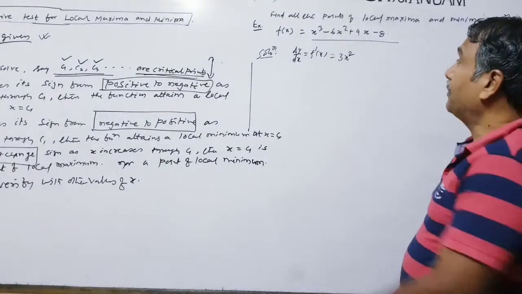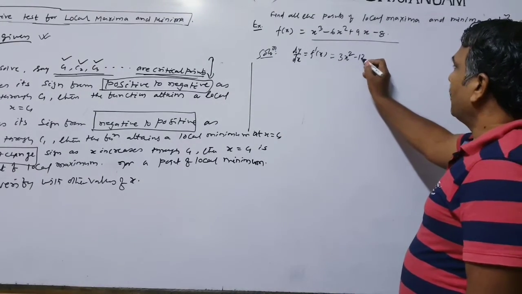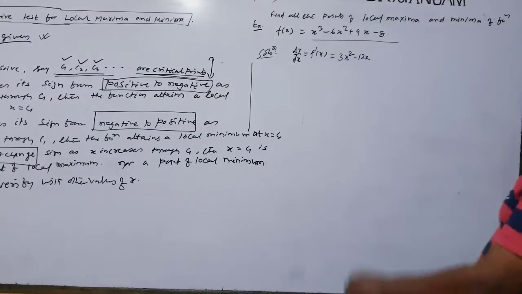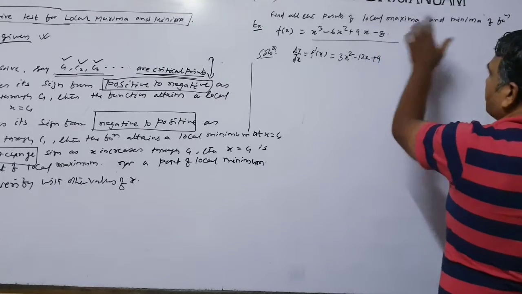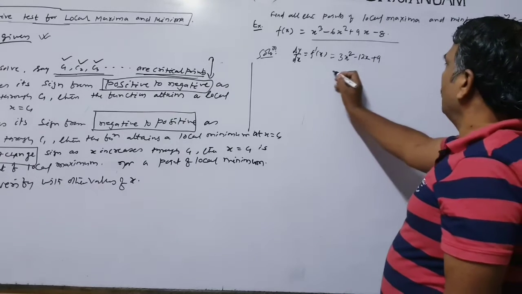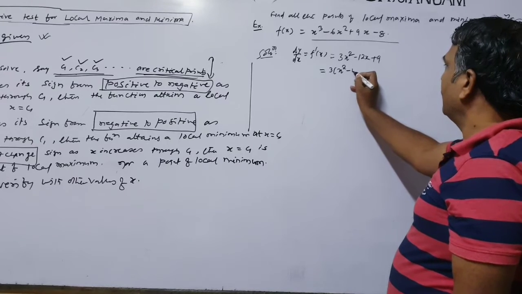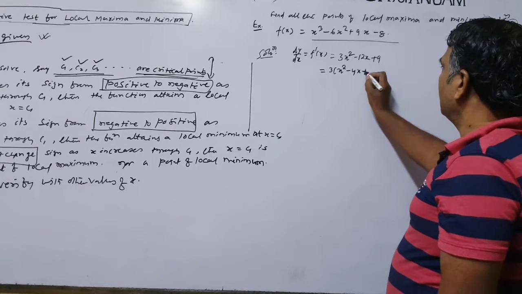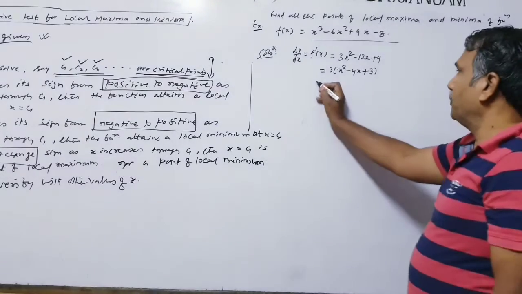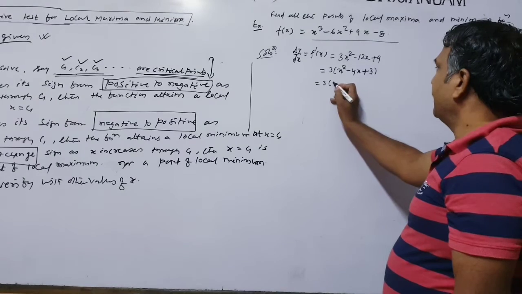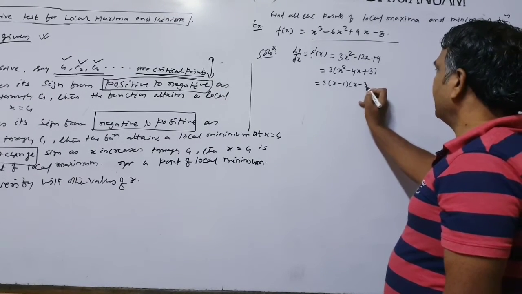The derivative of x square is 2x, into 6, minus 12x. The derivative of 9x is 9. The derivative of a constant is 0. If you take out common 3, we get 3 times x square minus 4x plus 3. If you factorize, we get 3 into x minus 1 into x minus 3.